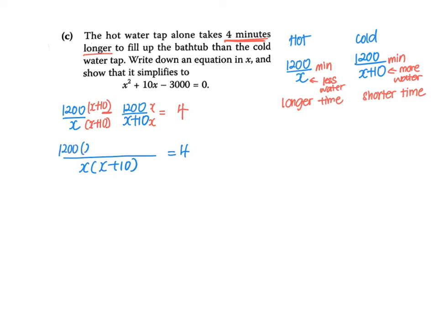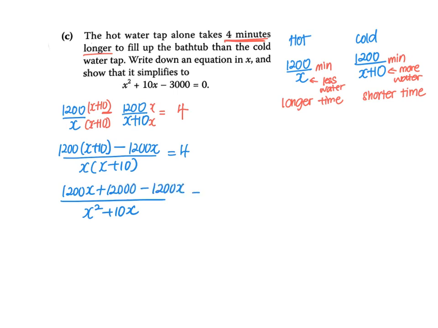So 1200 times the following. Expand the numerator and denominator as well, and we'll get minus 1200x to be equals to 4.